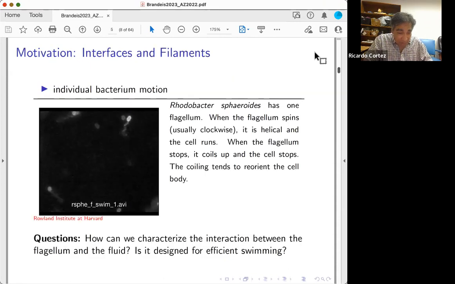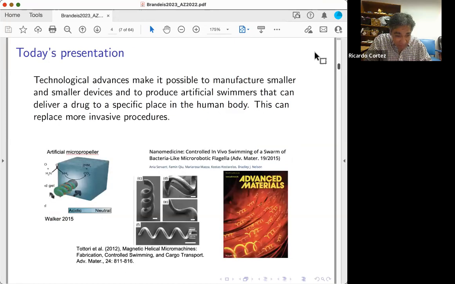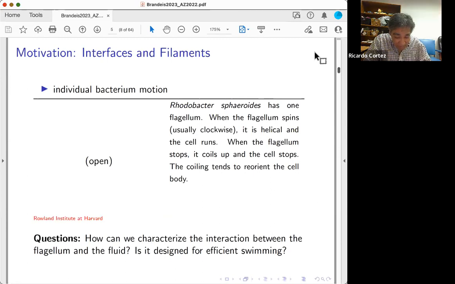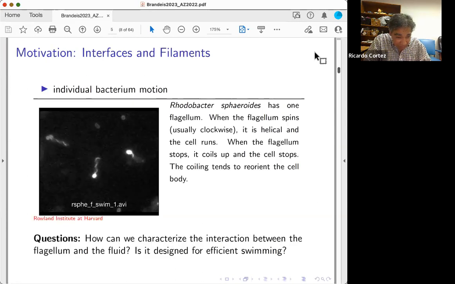All right, so here's a little movie of a particular bacterium. This guy has only one flagellum, so it's nice to study. And you can see that the flagellum is helical, so they just kind of corkscrew their way around the fluid, and then they go around in circles, sometimes depending on the environment around them.